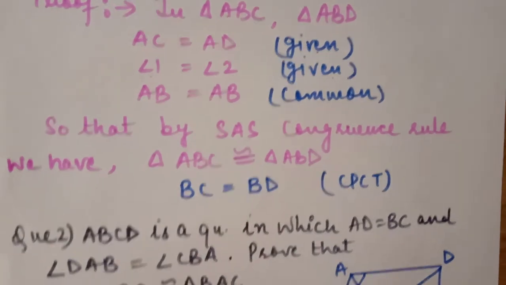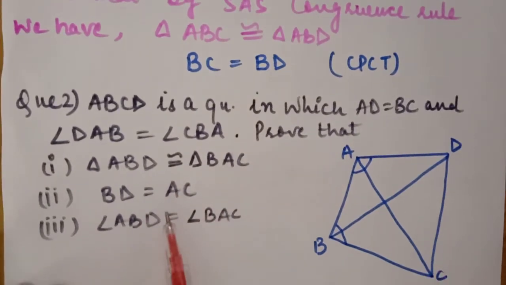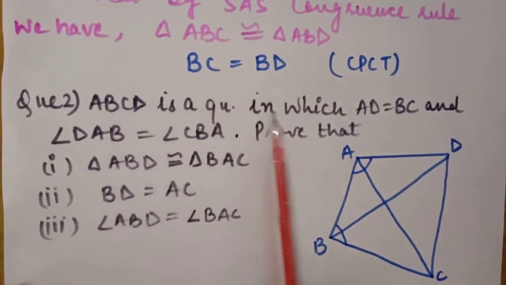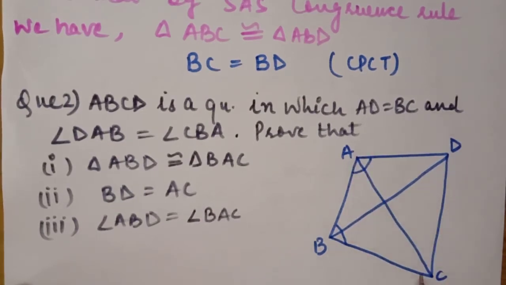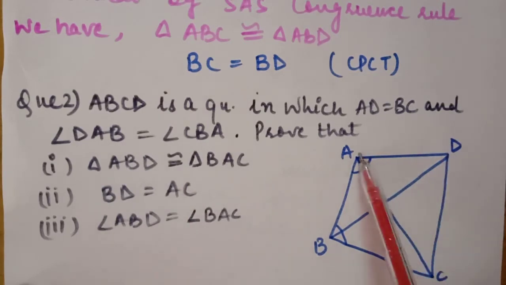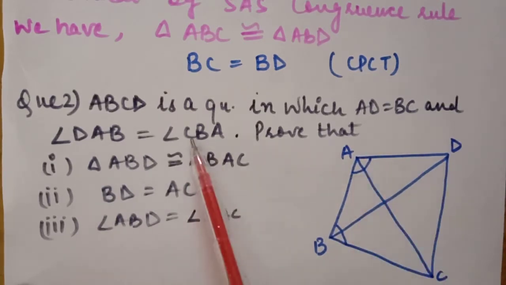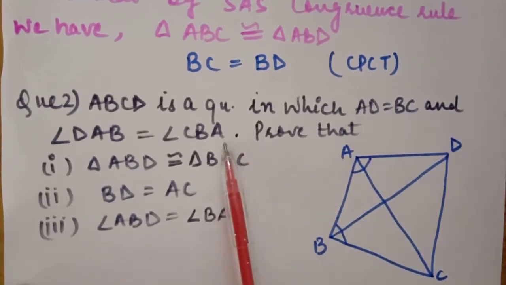Now question number second. ABCD is a quadrilateral in which AD and BC are equal. It is given. Angle DAB, this complete angle, and angle CBA, this complete angle, these two angles are also equal.